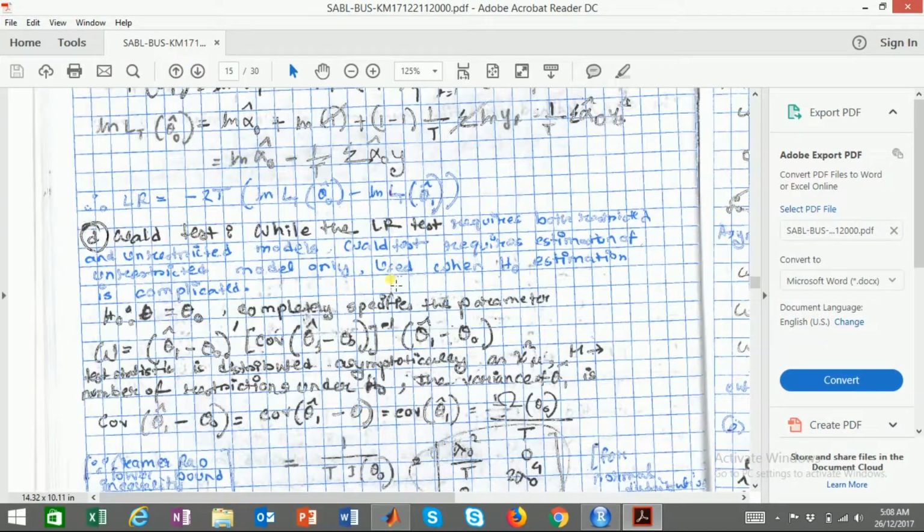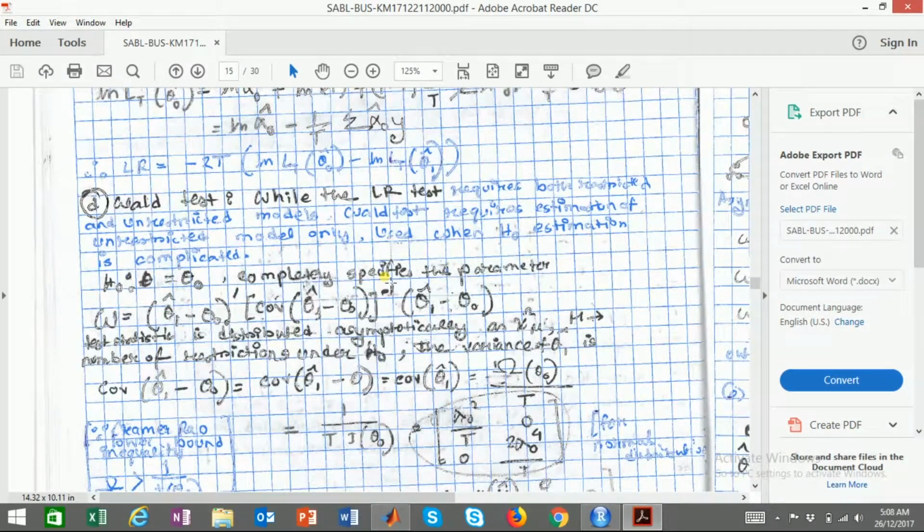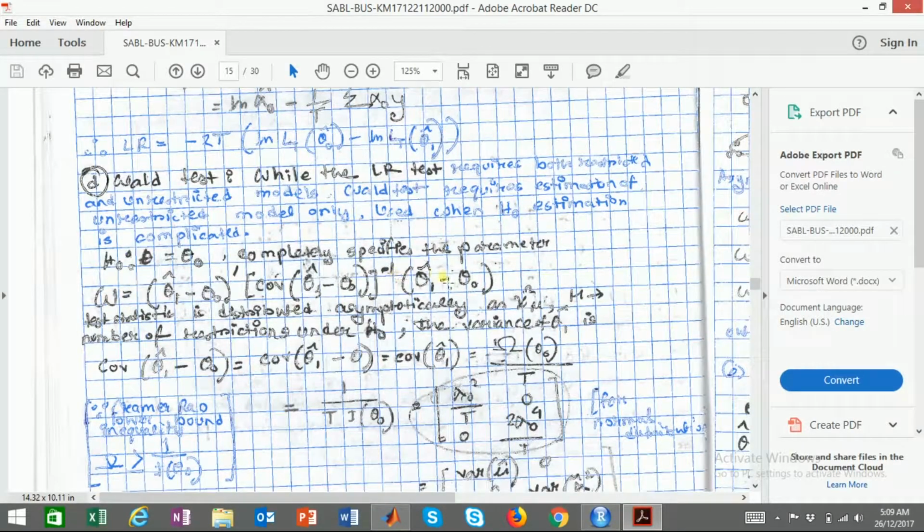Wald test. Another type of test is the Wald test. The likelihood ratio test requires both restricted and unrestricted models. The Wald test requires estimation of the unrestricted model only, and is used when null estimation is complicated. So we just need the unrestricted model in the Wald test, not the restricted. The Wald test is theta 1 hat minus theta naught, transposed, where theta naught is the true population parameter and theta 1 hat is the unrestricted maximum likelihood estimator.